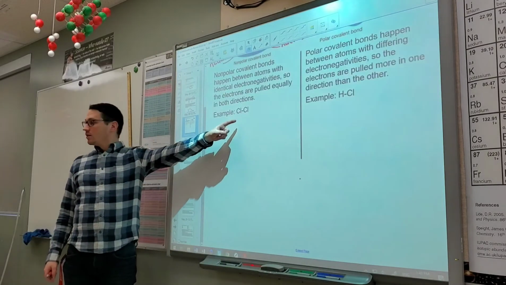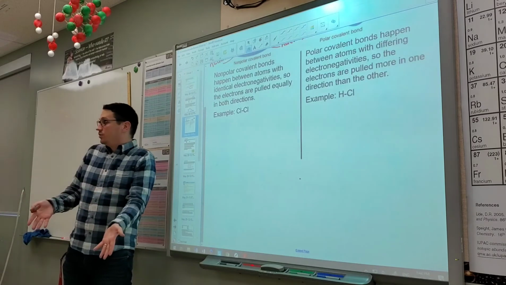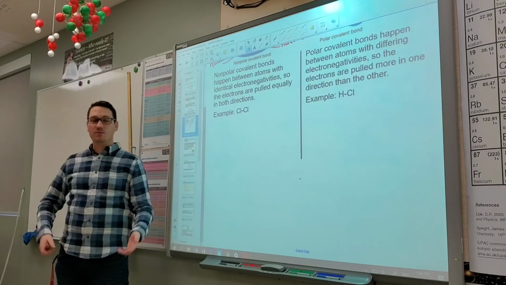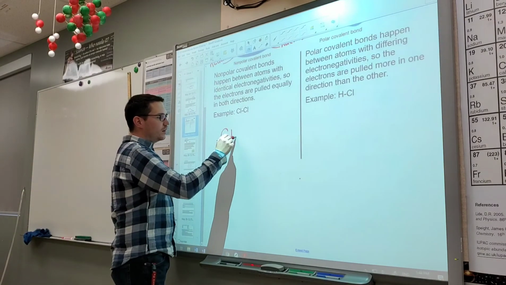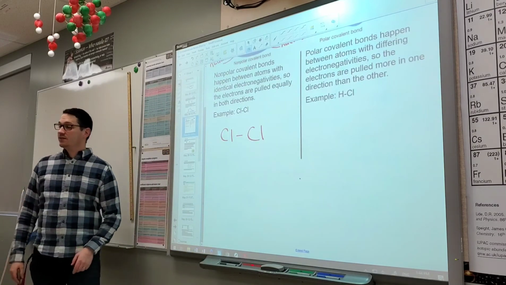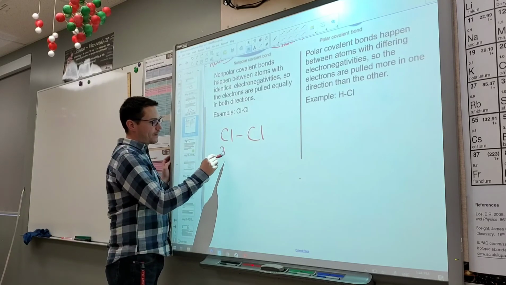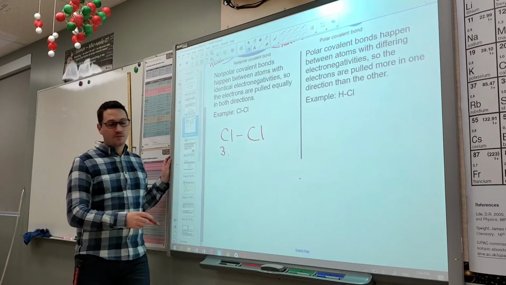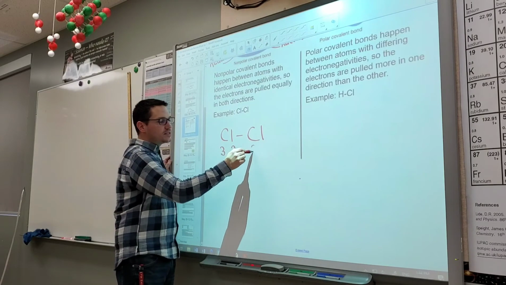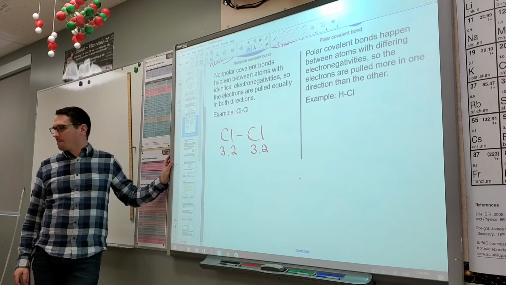Let's look at chlorine. A molecule of chlorine, Cl2, contains 2 chlorine atoms. Cl bonded with Cl. What's the electronegativity of chlorine? So that means the other one is 3.2 as well. Who's winning this battle?